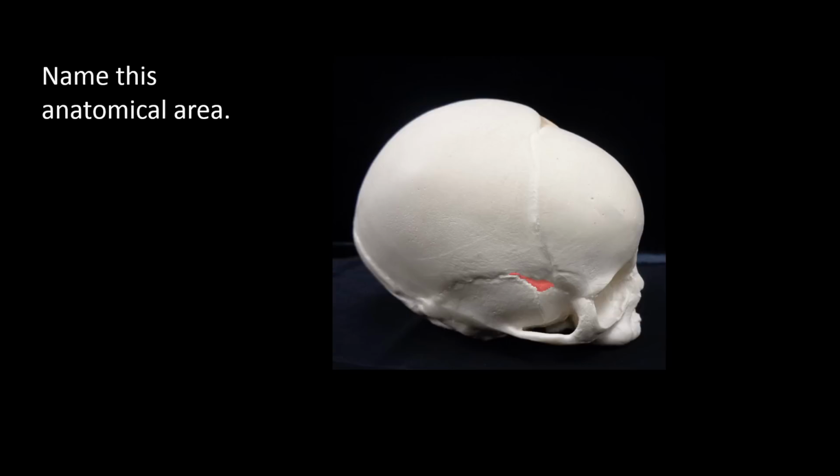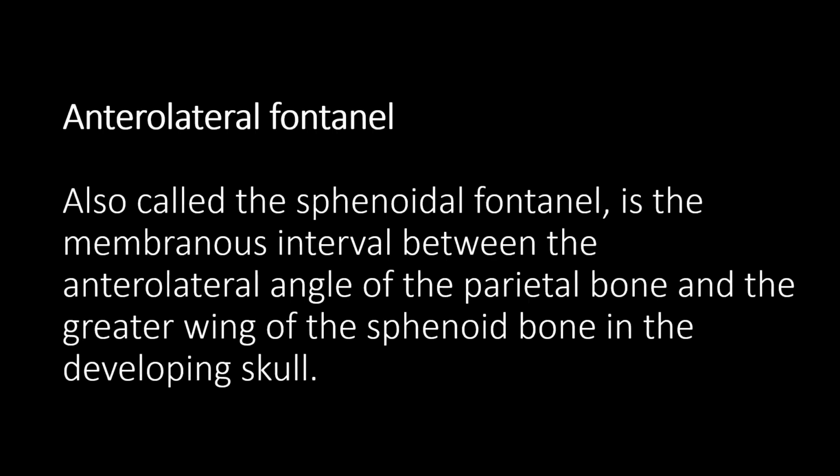Name this anatomical area. Anterolateral fontanel. Also called the sphenoid fontanel, it is the membranous interval between the anterolateral angle of the parietal bone and the greater wing of the sphenoid bone in the developing skull.